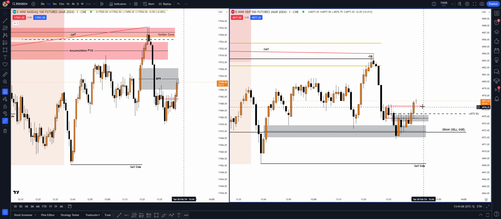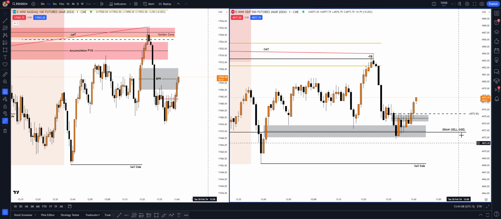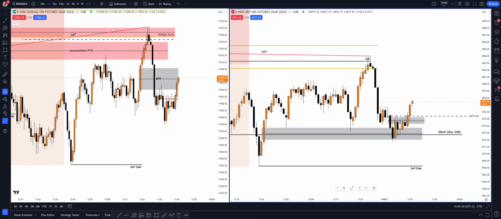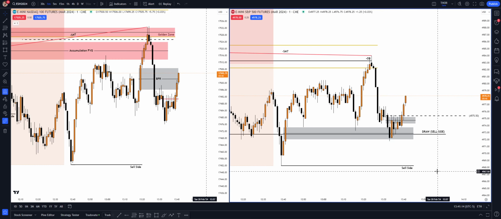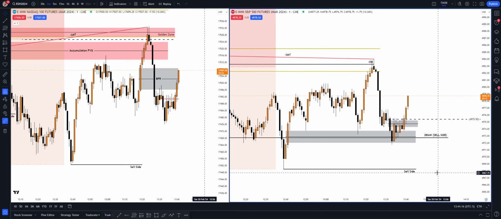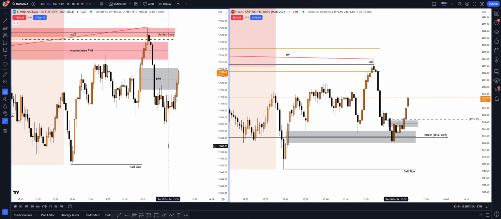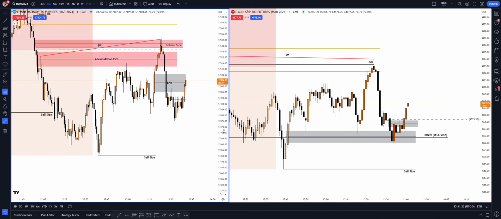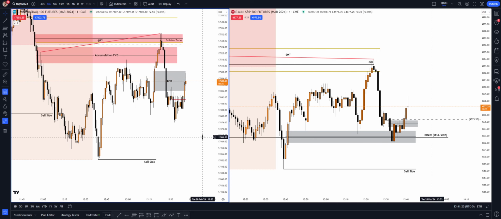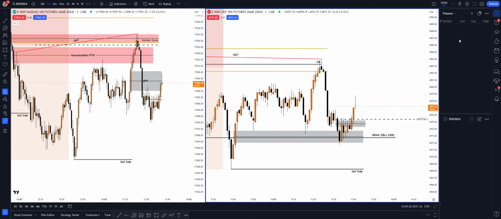Yep, now the order block is violated. Let's see if we have an SMT divergence. I don't think we have SMT at the lows. Maybe YM.